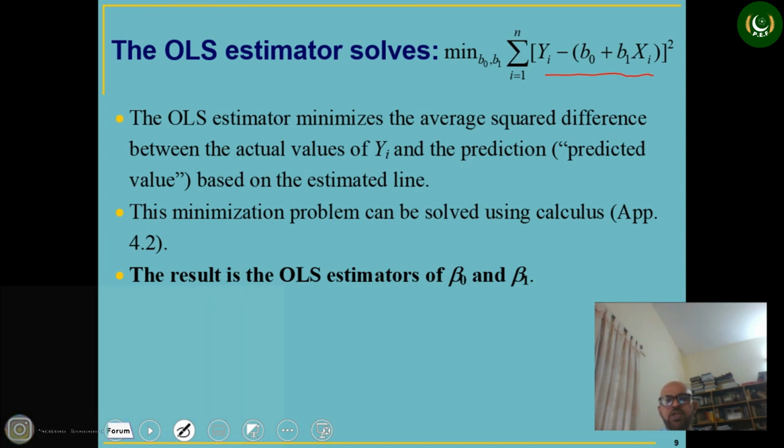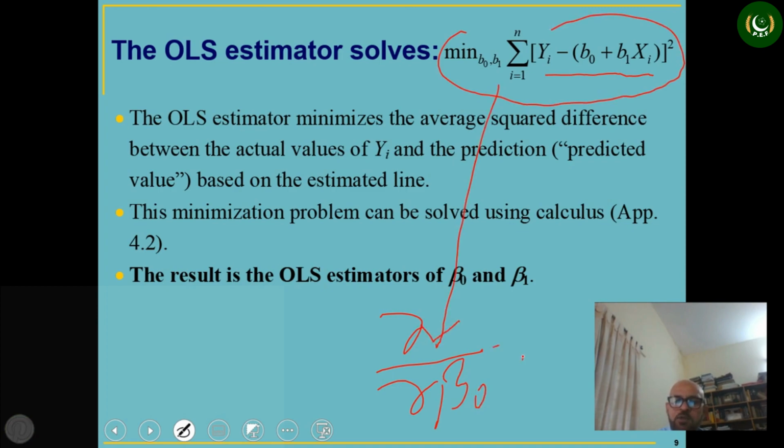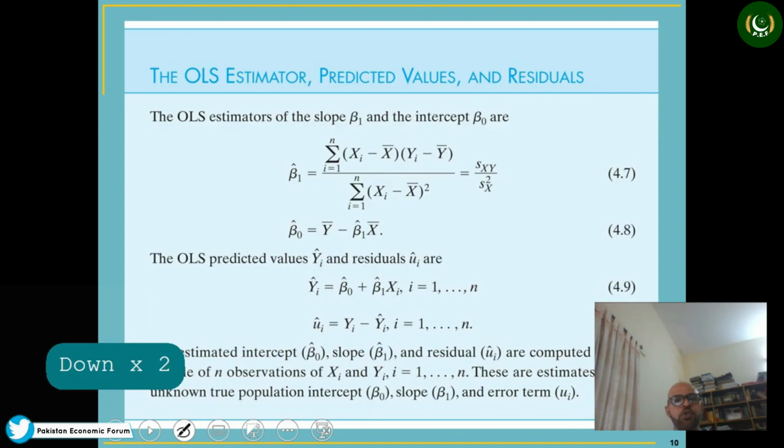You can do the calculation: differentiate with respect to beta naught and set it equal to 0, differentiate with respect to beta 1 and set it equal to 0, then the second order condition should be that the second differential is less than 0. That's mathematics which you might have already done. Here I am going to discuss it more in an applied sense.